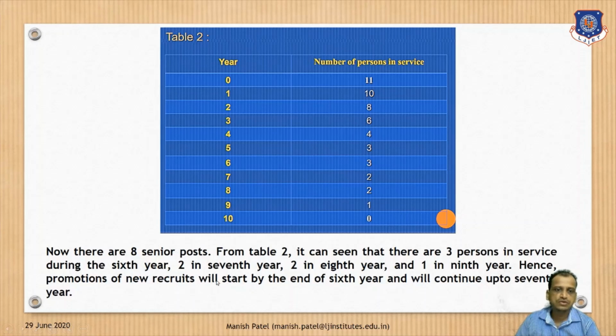Hence, promotions of new recruits will start by the end of the 6th year. Why? How many people do they require? 8 senior posts. 2 plus 1, 3. 3 plus 2, 5. 5 plus 3, 8. So at the end of the 6th year, all clear. 3 plus 2, 5, 5 plus 2, 7, 7 plus 1, 8.